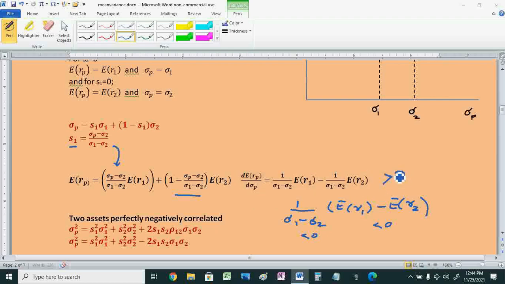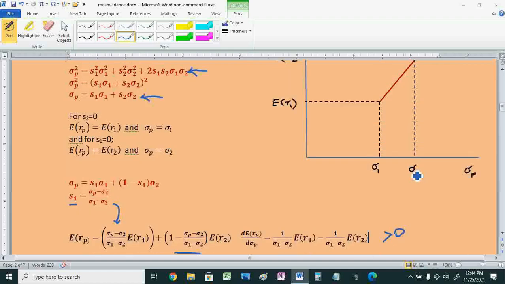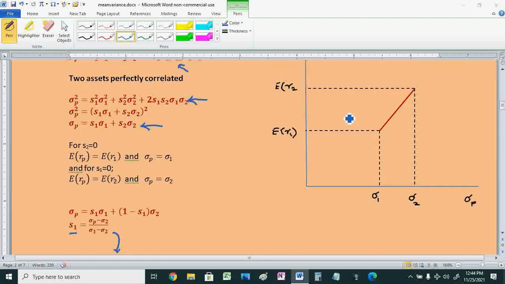So this is something that I have plotted here as a positively sloped line, and see that if I put S1 equal to 1, so that here we will be getting 1 minus 1 equal to 0, in that event we will have this portfolio standard deviation equal to sigma 1, which is this point.